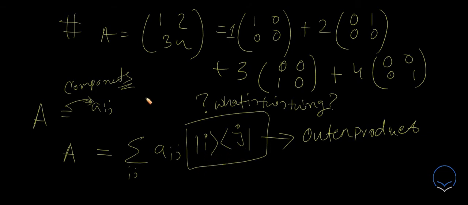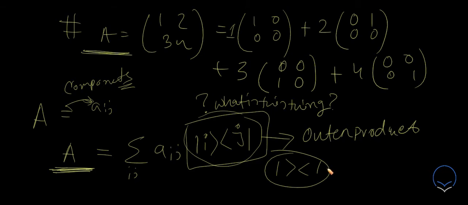And if you compare these two decompositions, the decomposition over here and the decomposition over here, and you write out this sum explicitly, you can easily see that this ket and bra thing will represent these matrices, that is this one, or this one, or this one, or this one.